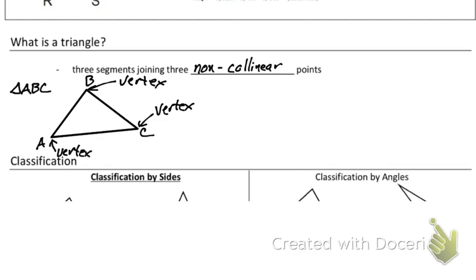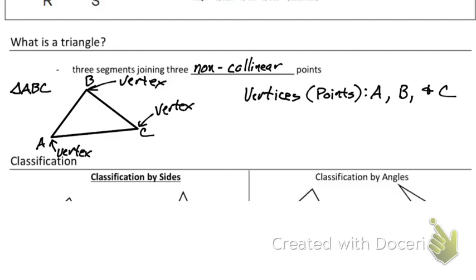So if I ask you to list your vertices, vertices is the plural of vertex. Vertices are going to be points. So the vertices of this triangle are point A, B, and C. All right, so we have a vertex.